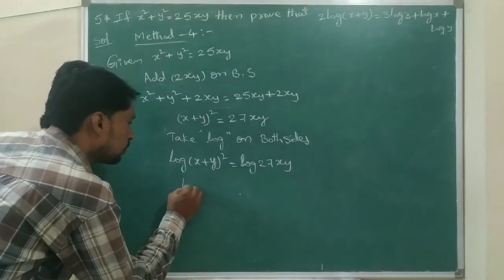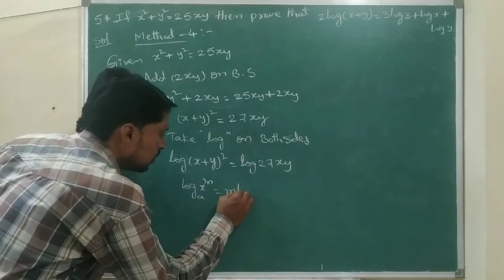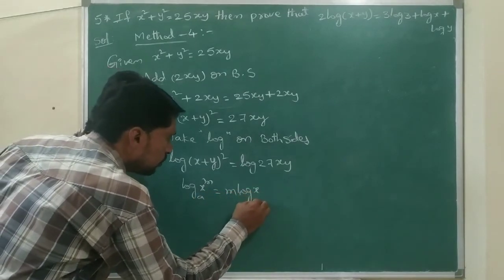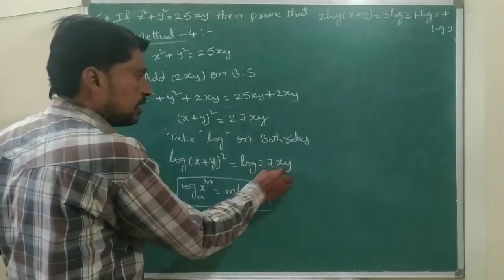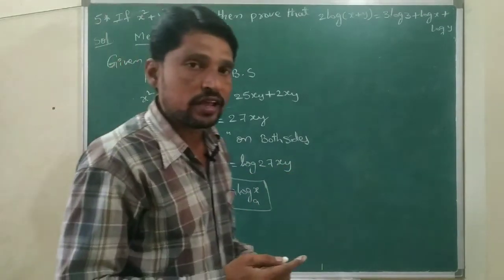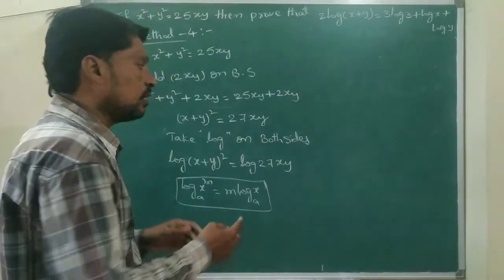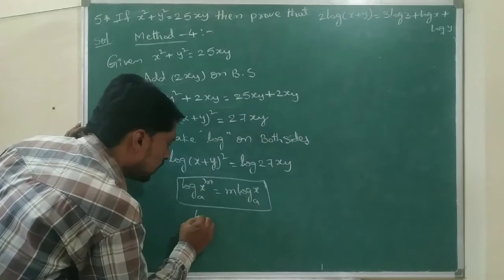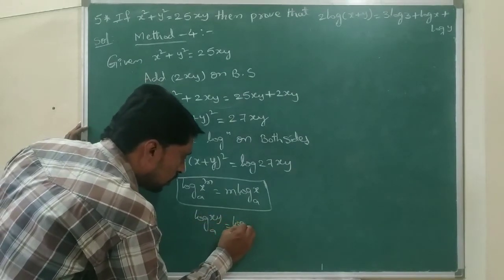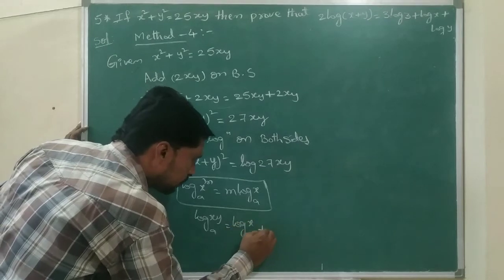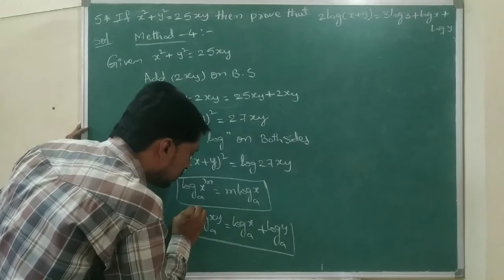So log x power m to the base a equal m log x to the base a. And which property should we use here? Yes, that is the product rule. So log xy to the base a equal log x to the base a plus log y to the base a.